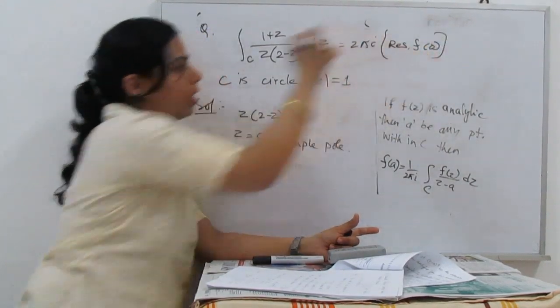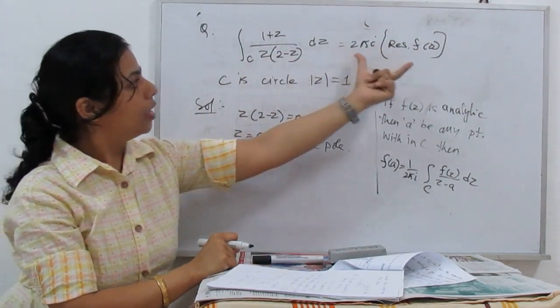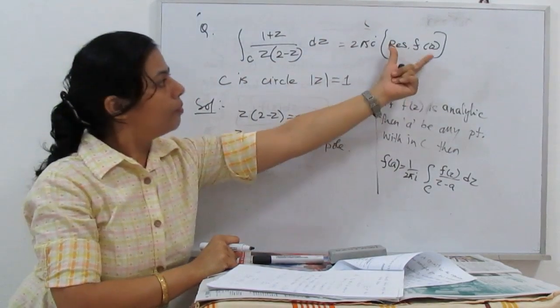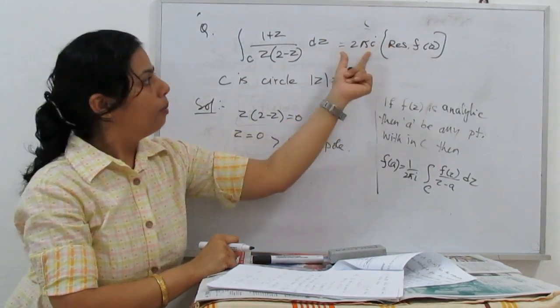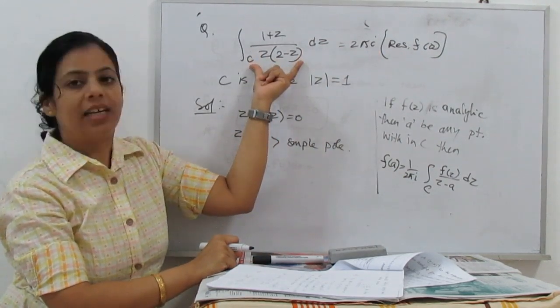This we learned in the residue theorem. So our work is to find the residue of f at 0 and multiply it with 2 pi i.